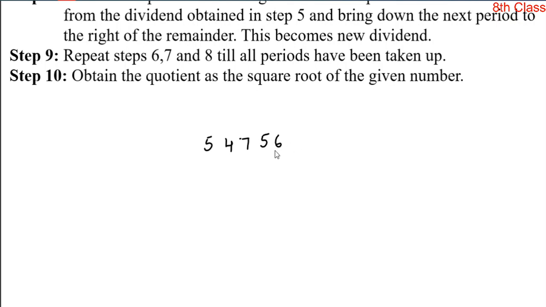For example, this is the units digit, so from this we take one bar for these 2 digits and another bar for these 2 digits. And for the last digit there is no pair, so that's why we take this digit separately.